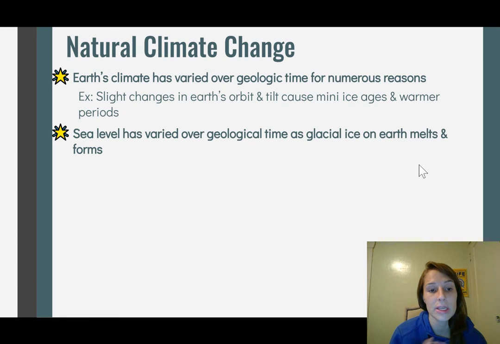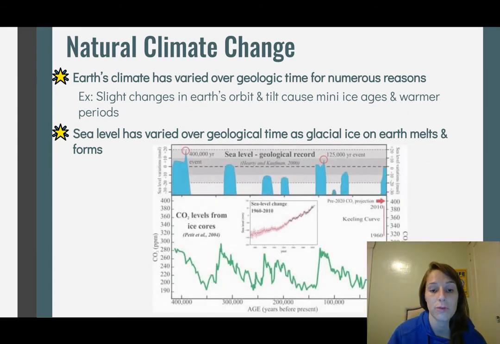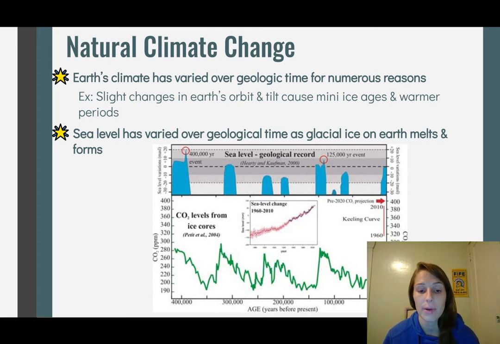Now, because of these changes in temperature, our sea level has varied over our geological time as glacial ice on Earth melts and forms. So if we look again at historical data from the past few 100,000 years, you're going to notice that in times where we have peaks of carbon dioxide, these are also going to be times where sea levels are going to be rising.